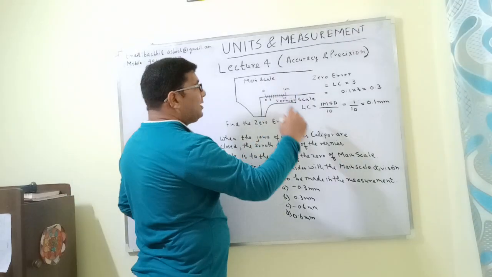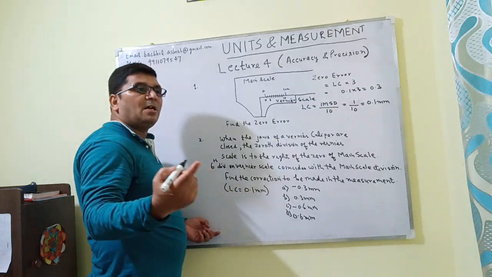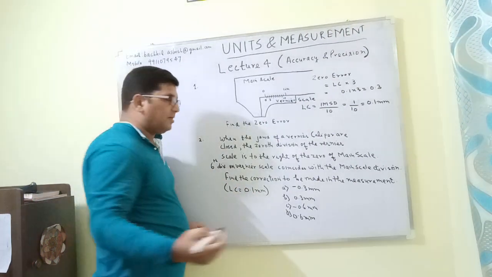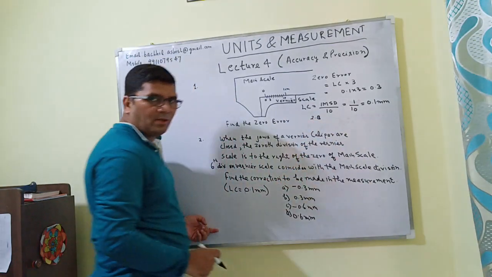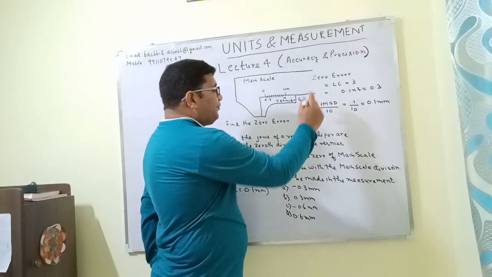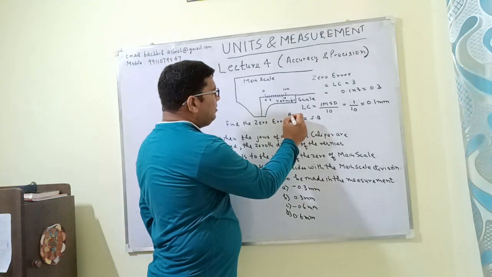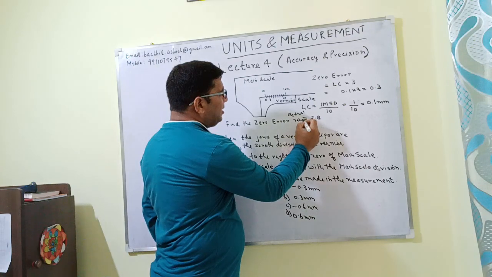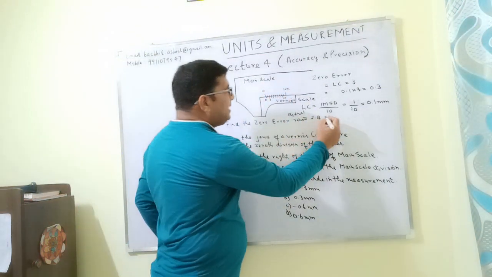For example, let us say you have measured the diameter of a circular wire, and let us say it is equal to 2.8 mm. This is the final reading which we have got by this instrument. So what will be the actual value? The actual value will be 2.8, which has been measured by this instrument, minus 0.3.